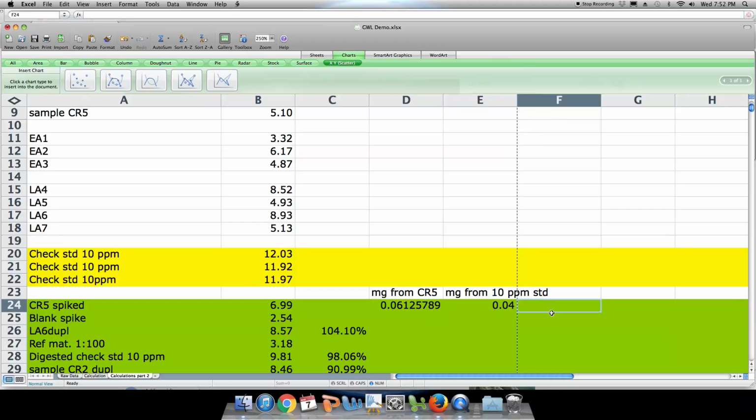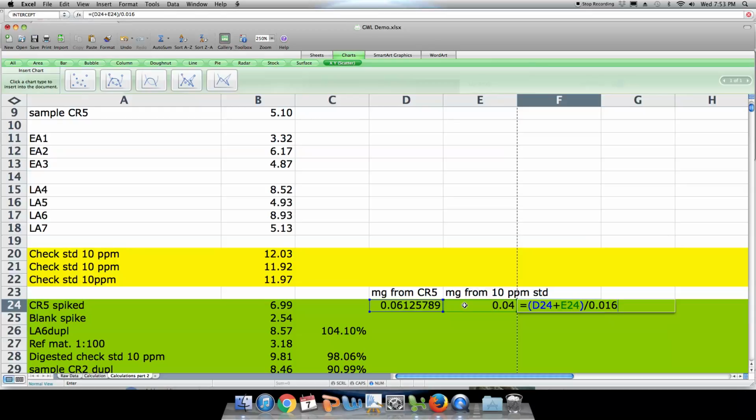So what is the final concentration in the digestion tube? Well, we are going to take milligrams plus milligrams, divide by liters, and the final volume in the digestion tube is 0.016 liters, or 16 milliliters. Now, if we wanted to, we could add the 8 milliliters of digestion solution, and then at the end of this calculation, subtract it back off.